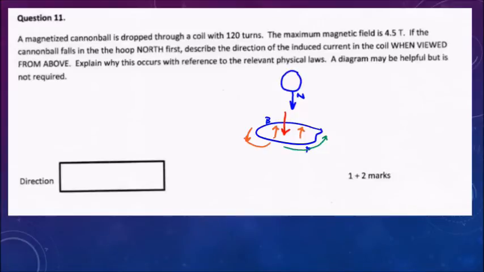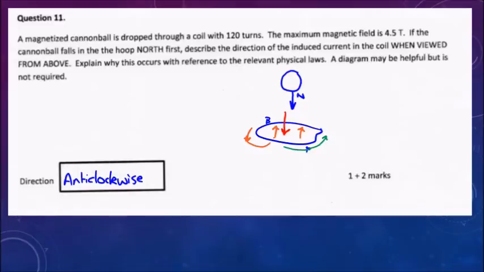So immediately we should know that the direction that we're rotating in is actually an anti-clockwise direction. So we've got anti-clockwise.